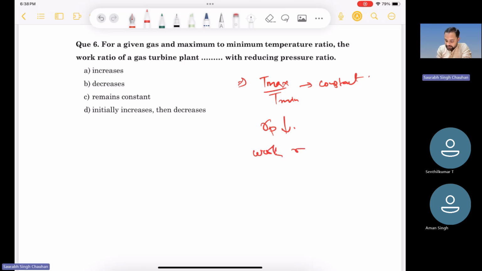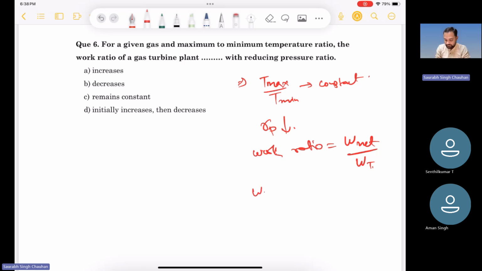And work ratio. What is work ratio? Work ratio is net work output divided by turbine work output. Net work is not equal to turbine work output because some part of the work generated in the turbine is utilized to run the compressor.